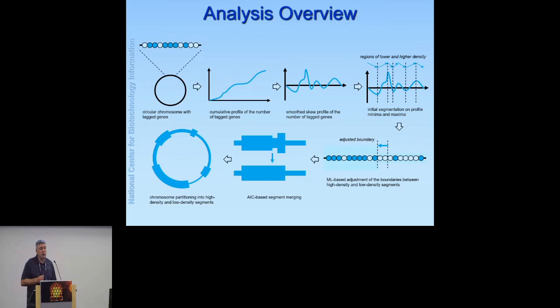So this is necessarily a very brief overview of what we are doing. We take circular chromosomes and we tag genes on chromosomes, 1 or 0. We can use, in principle, whatever binary traits we want.